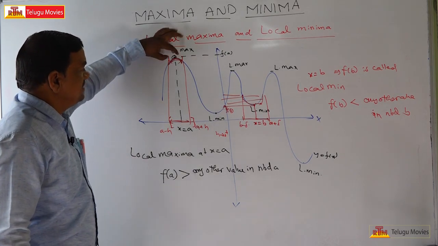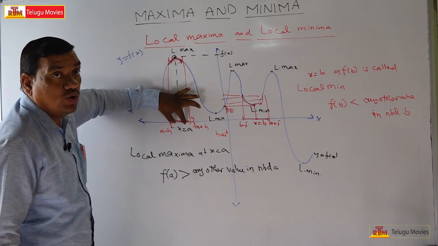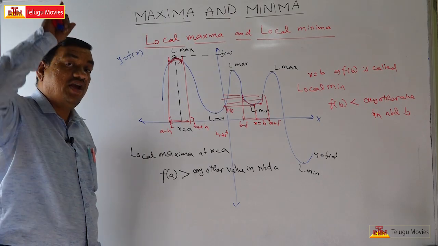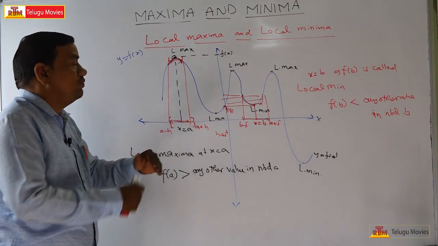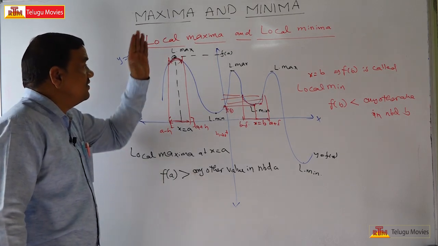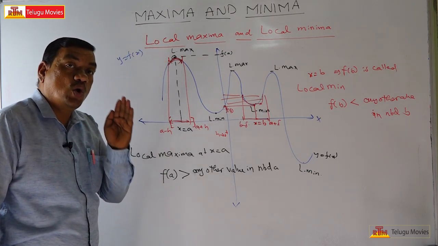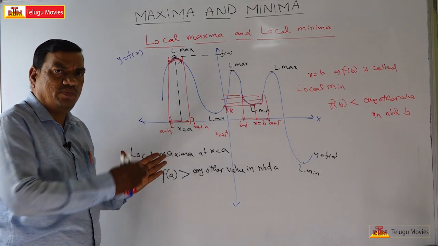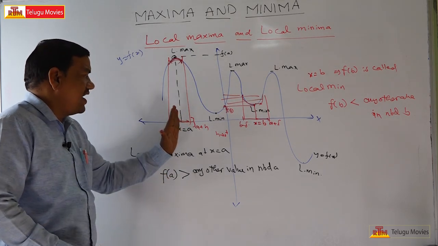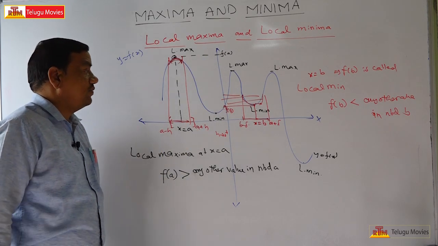Understand? That means in the neighborhood of a, f of a will be the greatest. All remaining values should be less than f of a. Then f of a is called a local maximum in the neighborhood of a. Neighborhood means some left side values and right side values from a.